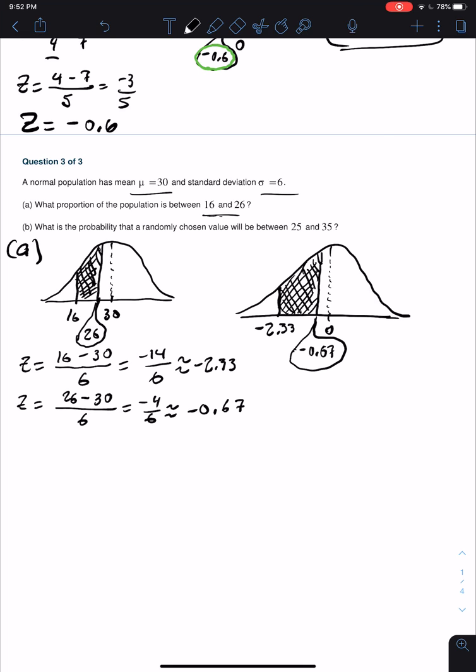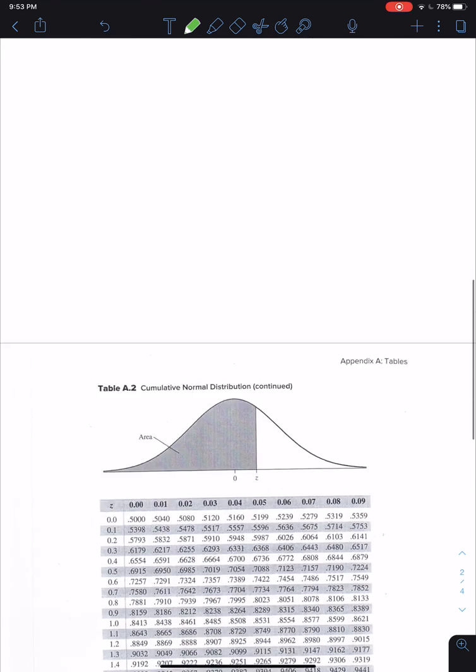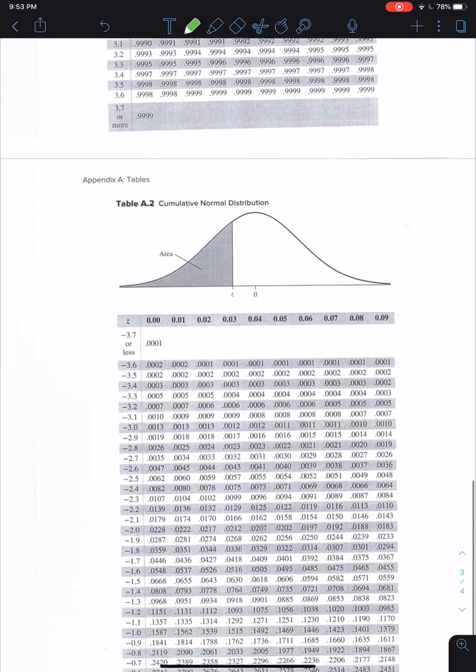Okay, so we need to first look up negative 2.33, and when we do that, that's going to give us this green area. Not what we really want in the end, but we do need that to get to where we're going. So we look at negative 2.33. Let's look that up.